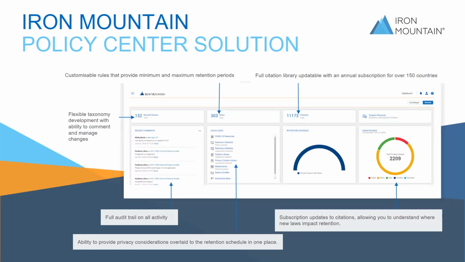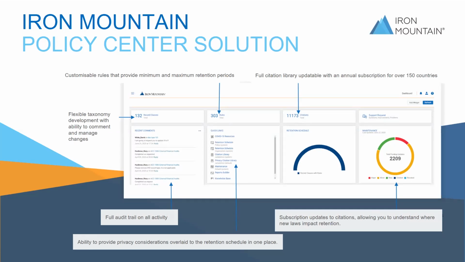And we provide and keep up to date all of the relevant legal and regulatory information that you need to inform your retention rules. What we see on the screen here is an example of the Policy Center dashboard. It just gives you some insight into what information is in Policy Center regarding your retention schedule.